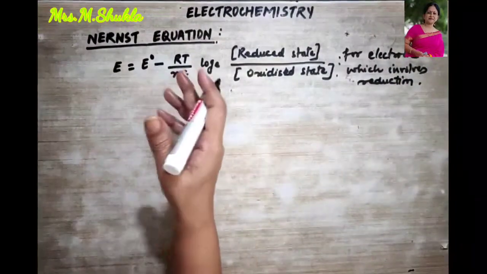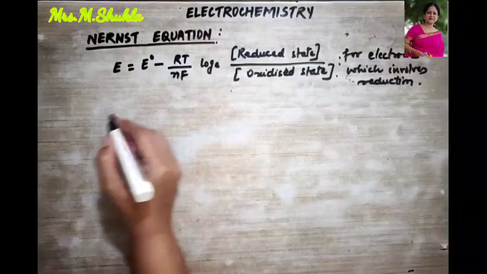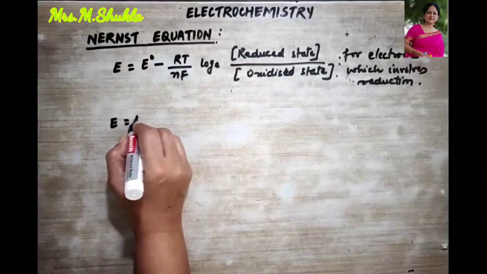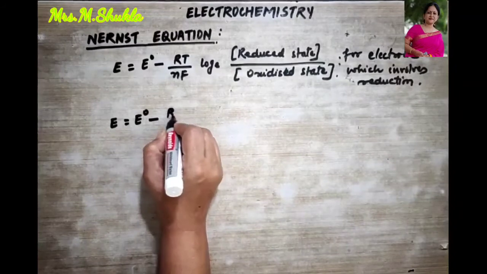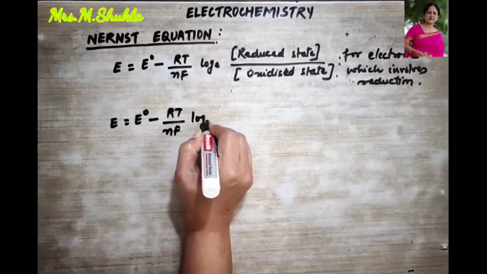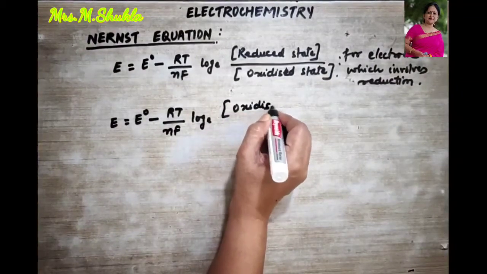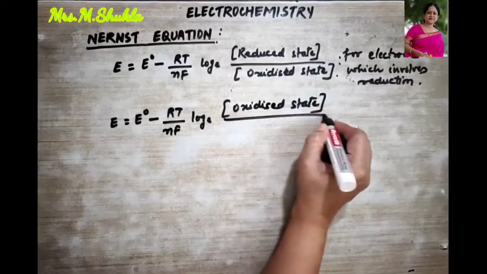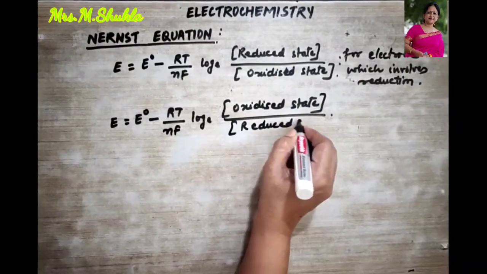Clear? Now, for an electrode which involves the process of oxidation, what will be the equation then? Then your E will be equal to the standard electrode potential minus RT upon nF log [oxidized state] upon [reduced state].